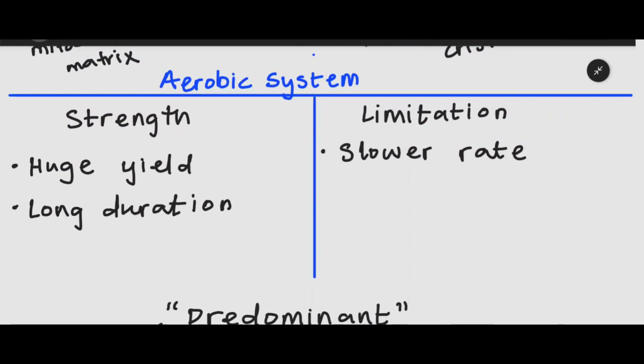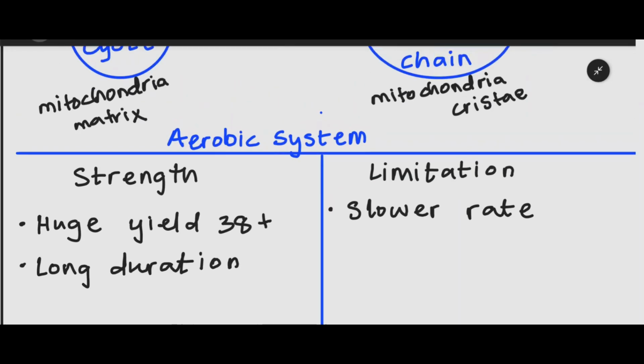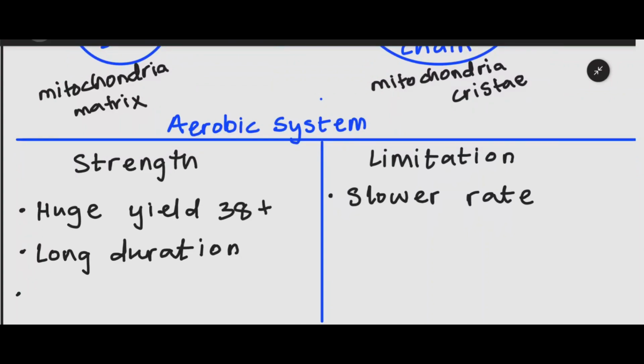Now let's move on to the strengths and limitations of the aerobic system. So the main ones really is that it has a huge yield, 38 for carbohydrates, and even more when we are using fat. It can power you for a long duration, and also no harmful byproducts.